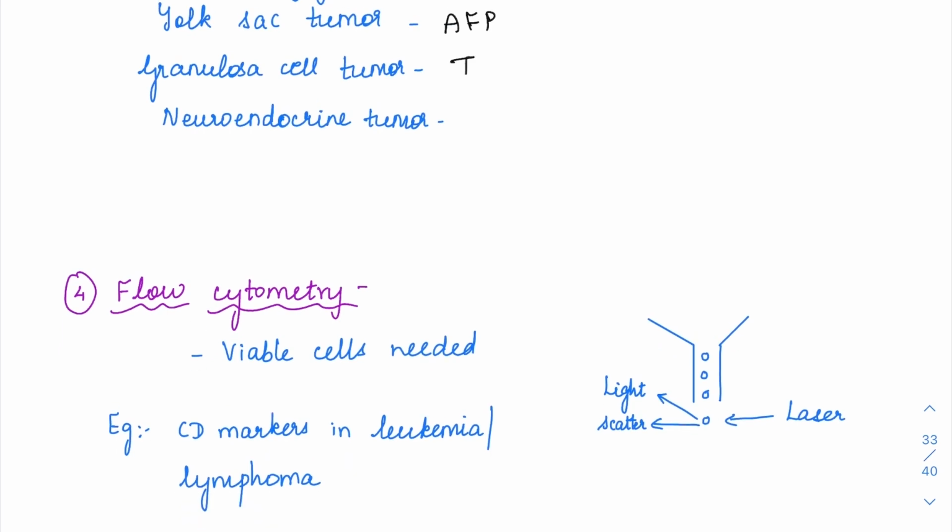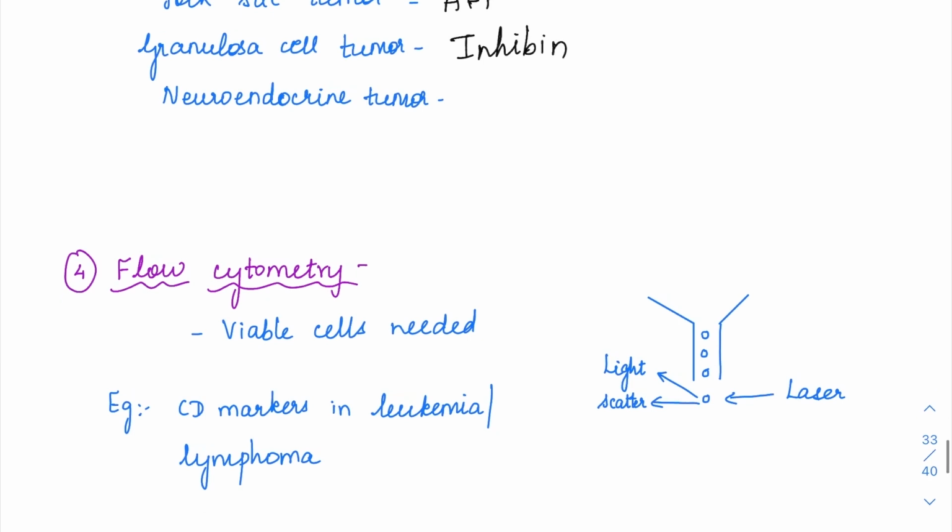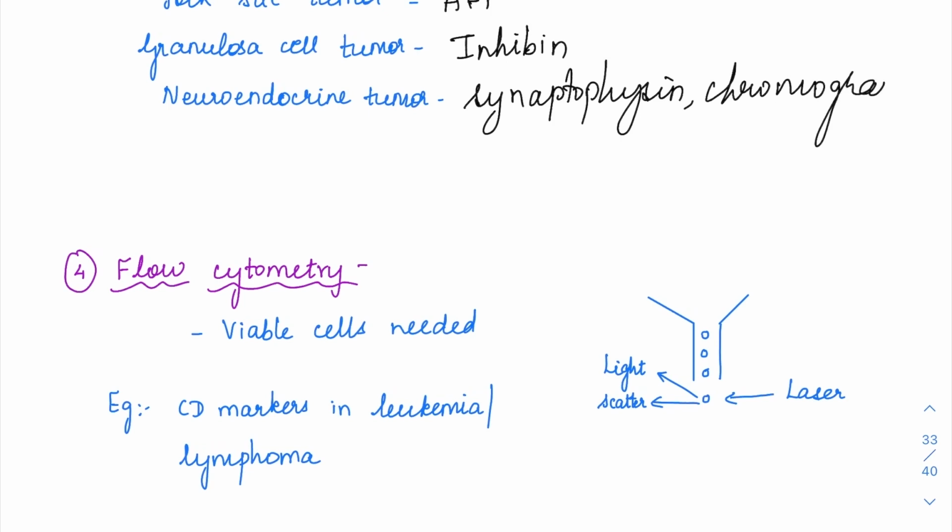Granulosa cell tumor, it is a sex cord stromal tumor, we can use inhibin. Then neuroendocrine tumors, anywhere in the body, we can use synaptophysin, chromogranin, neuron-specific enolase (NSE), and bombesin. These are the markers for neuroendocrine tumors. These four are usually present in the neurosecretory granules in the neuroendocrine tumors.